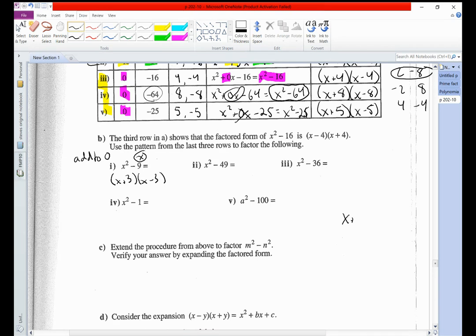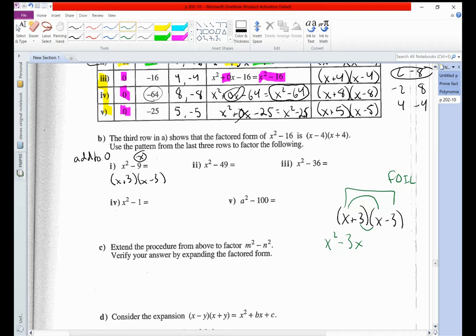We'll FOIL x plus 3 multiplied by x minus 3. I'll just do it off to the side here because I don't think I have enough room. So let's FOIL: first, outside, inside, last. The first is x squared, x times x. Outside, x multiplied by negative 3 is negative 3x.